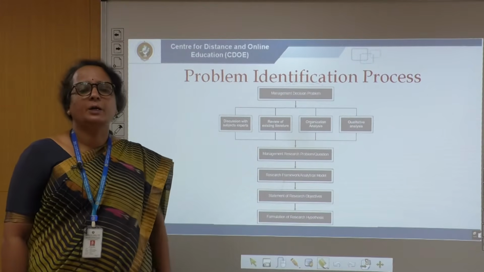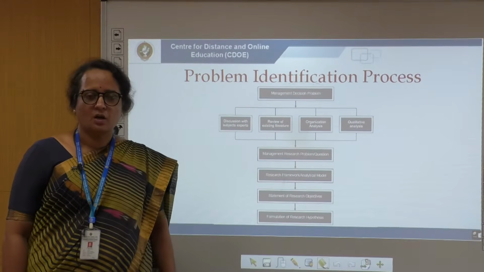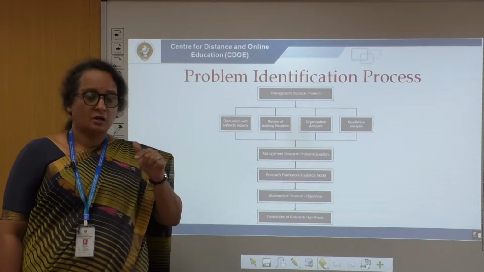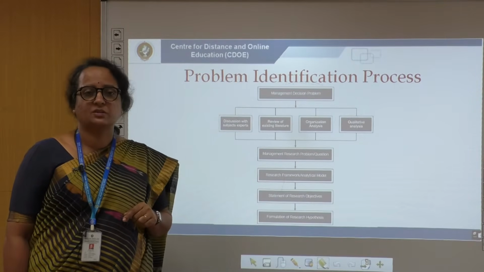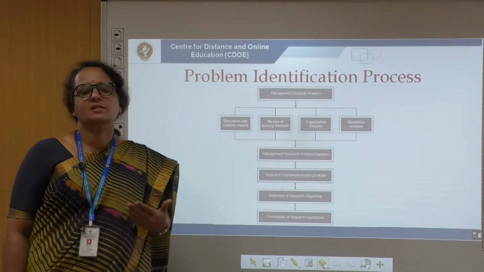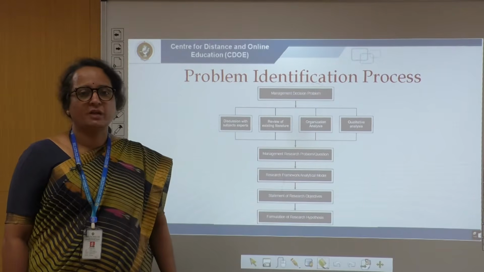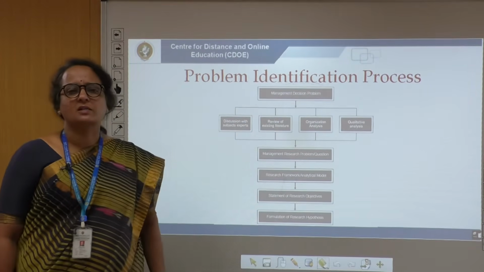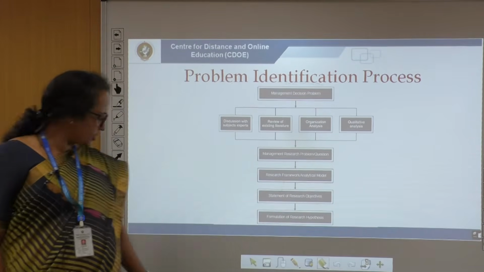As I have said, hypothesis is one of the prime requirements in scientific research. A good research is one which clearly defines the problem and then goes for development of a working hypothesis. We have discussed in some detail what a hypothesis is. In the coming sessions, we will again discuss what a hypothesis is and how formulation of a research hypothesis happens. So this is the basic process followed in order to identify the research problem.